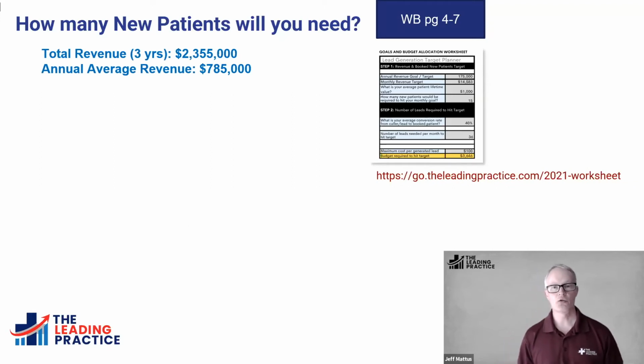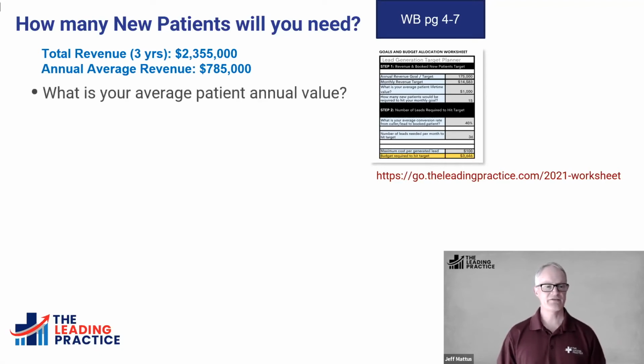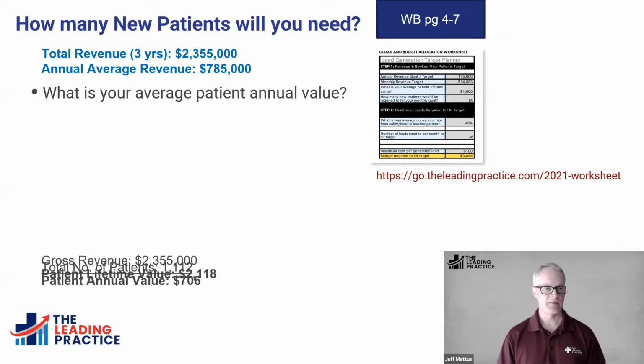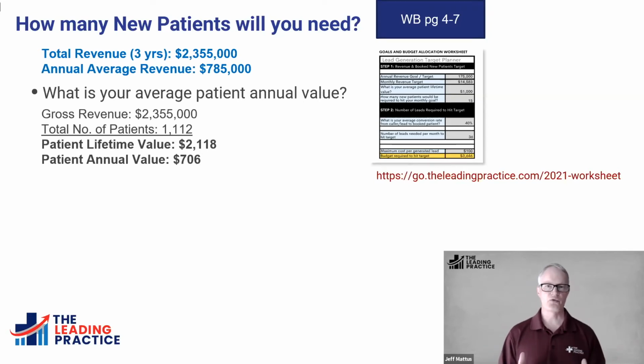Okay, now what do we do with that? Well, now we need to know, how many new patients are we going to need in order to reach that goal? We know what our total revenue is for the 3 years, our average annual revenue, but what's next? We have to determine our average patient annual value. Basically, on average, for all the patients that we have, how much money is each patient going to spend in the practice each year? So how do we calculate that? We take our gross revenue over those 3 years.